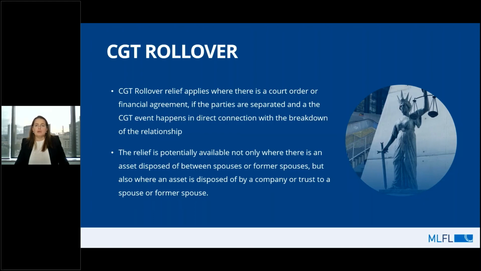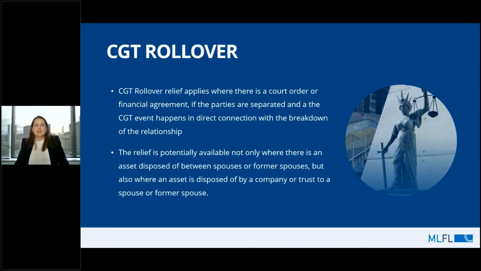The effect of the rollover will be, where the asset is a pre-CGT asset, the status of the asset is maintained in the hands of the transferee, so that if and when the transferee disposes of it, there will be no capital gains tax liability. And if it is a post-19 September 1985 asset, any incidence of CGT is effectively deferred and assumed by the transferee.